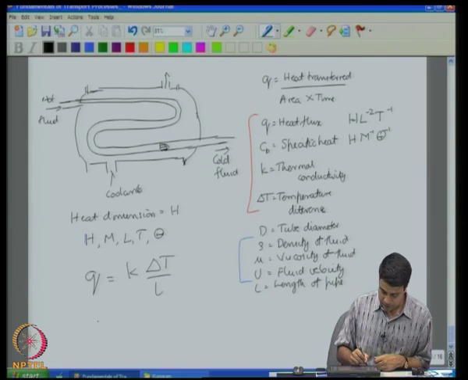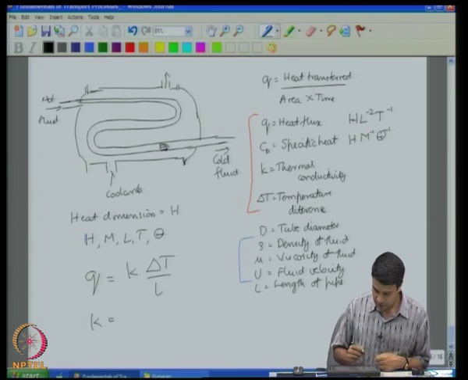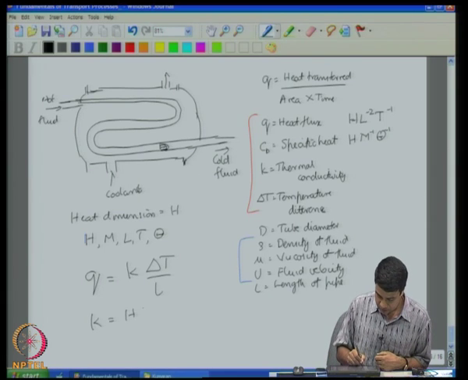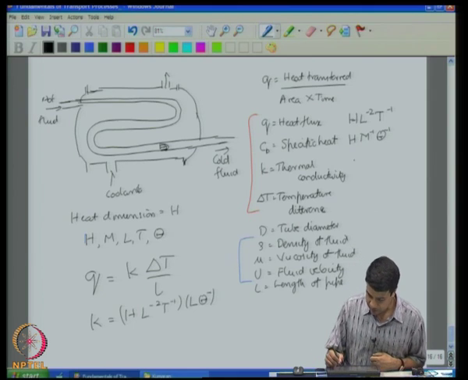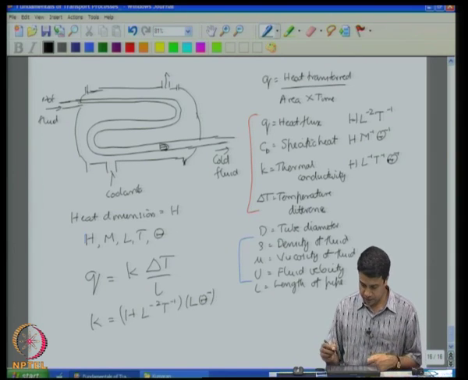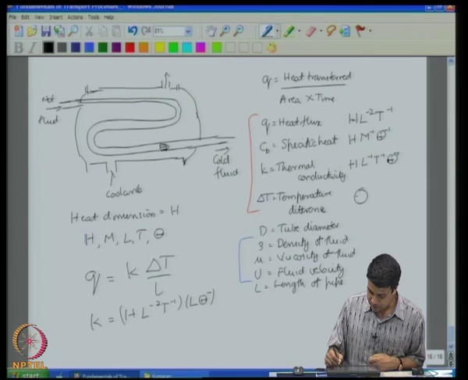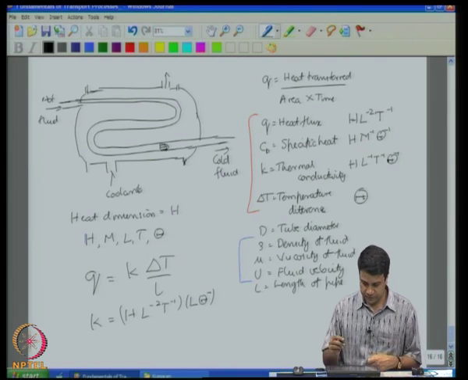So, therefore, K has dimensions of H L power minus 2 T inverse into L theta inverse. Okay. So, this has dimensions of H L inverse T inverse theta inverse. Okay. And temperature has dimensions of theta as usual.